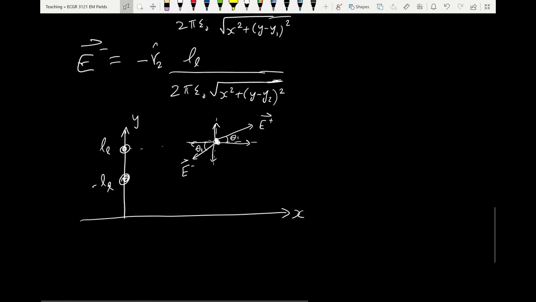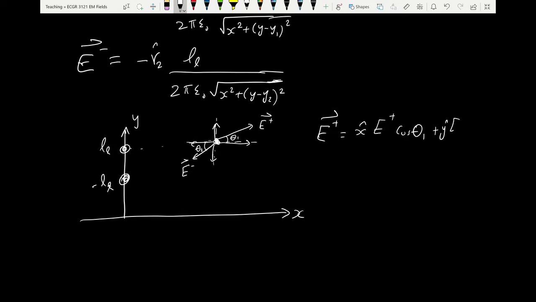So we can really rewrite the E plus vector as x hat, the magnitude of E plus cosine theta 1, plus y hat, magnitude of E plus sine theta 1, and then we could write the E minus vector as minus x hat, the magnitude of E minus, cosine of theta 2, minus y hat, the magnitude of E minus, sine of theta 2.